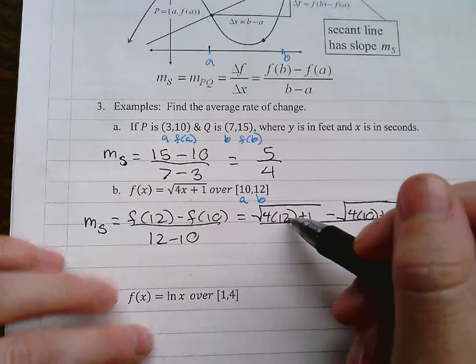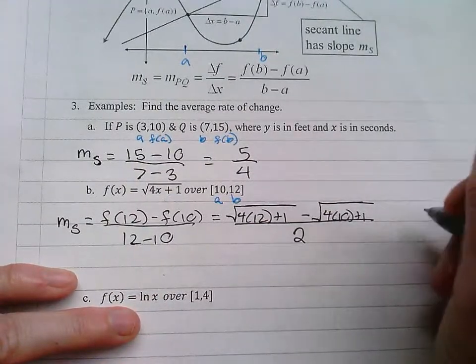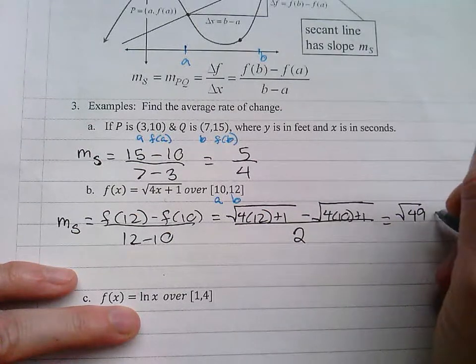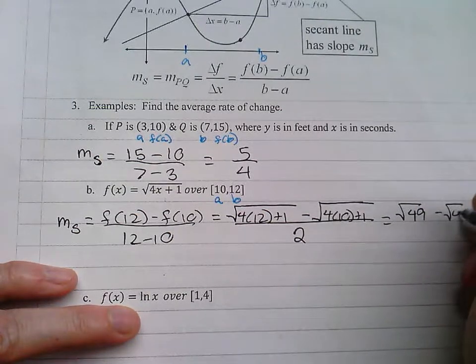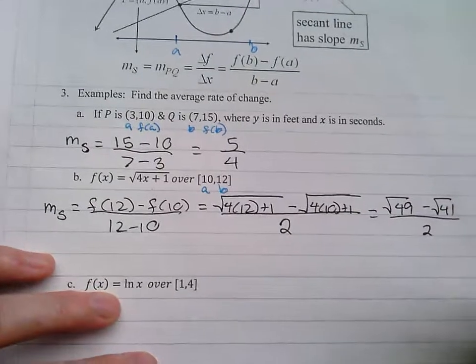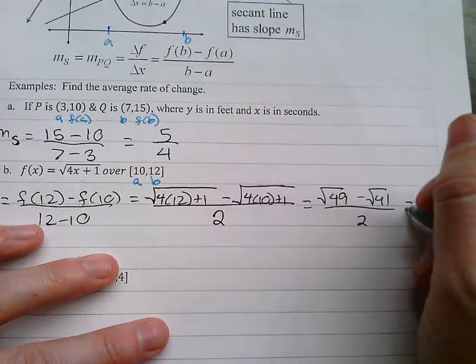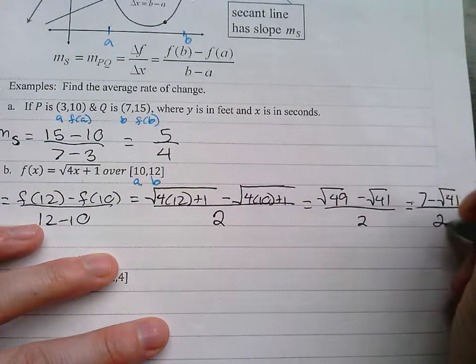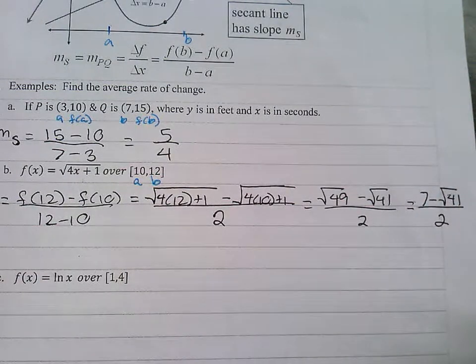So that's going to be the square root of 48 plus 1, which is the square root of 49, minus the square root of 41, over 2. So your final answer is going to be 7 minus the square root of 41 over 2. That is your slope. Let's not use decimals when we don't have to.